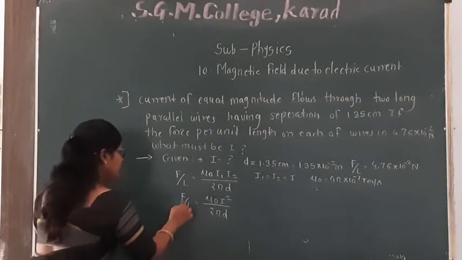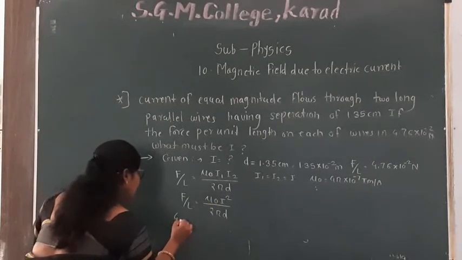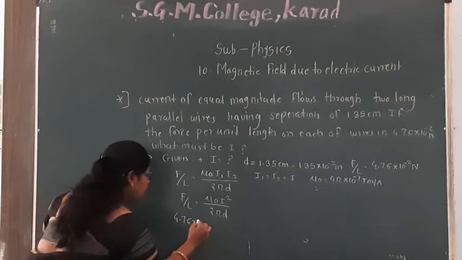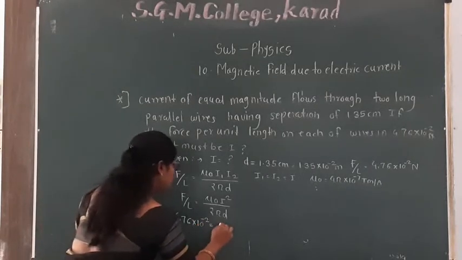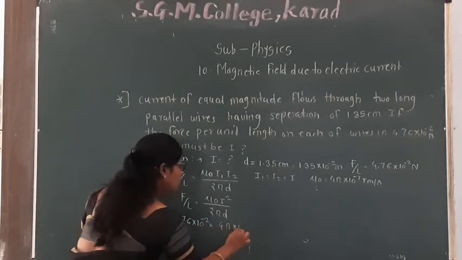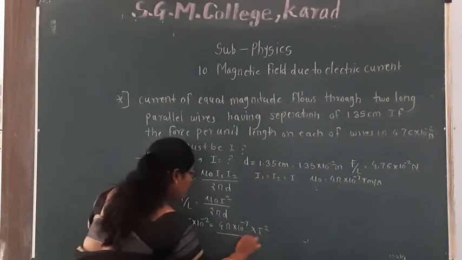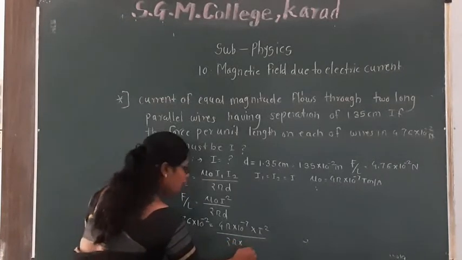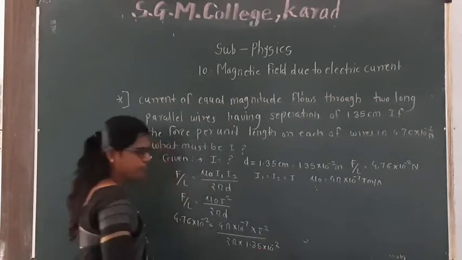F upon L's value is also given, 4.76 into 10 raised to minus 2 is equal to mu 0's value 4 pi into 10 raised to minus 7 into I square upon 2 pi into 1.35 into 10 raised to minus 2.